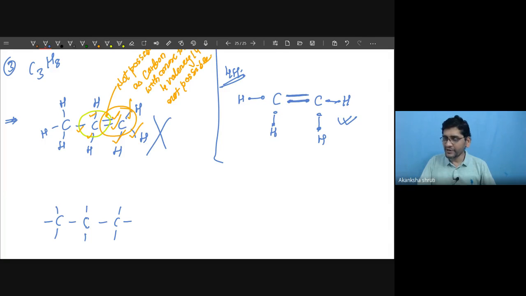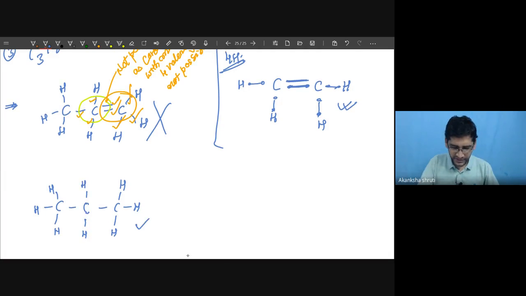If the same number of hydrogens is available, they get satisfied; if not, these two bonds will link. Here we get 8 hydrogens. Put them: 1, 2, 3, 4, 5, 6, 7, 8. Okay, this is the correct structure.